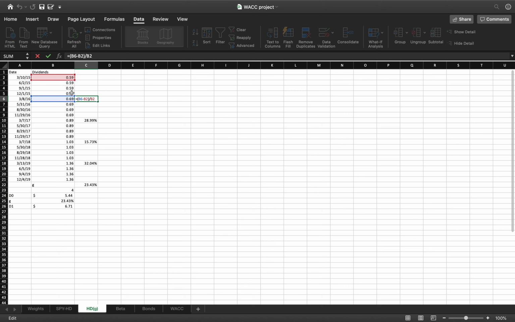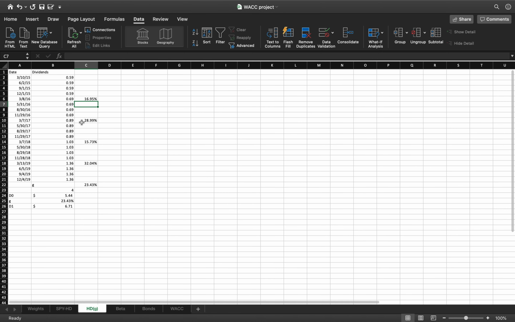I found the next dividend, which started in March, and that was on March 8th, 2016. So what I did was I got the 69-cent dividend and subtracted the first one, which was 59 cents, and then I divided it by 59 cents again, and it got me a value of 16.95%.